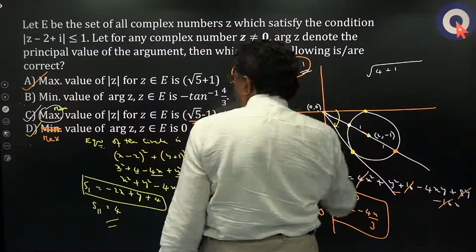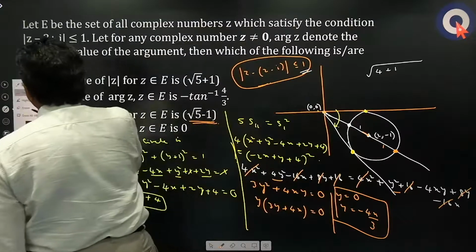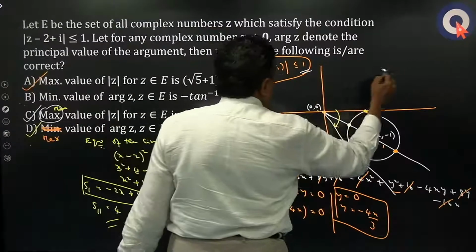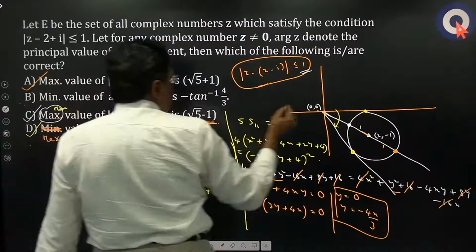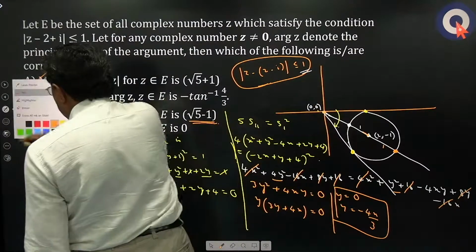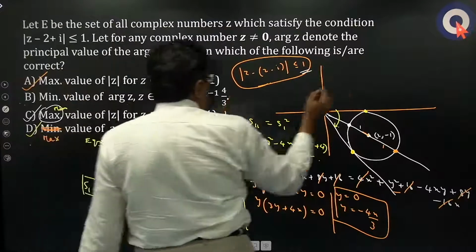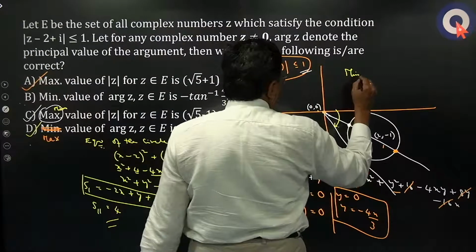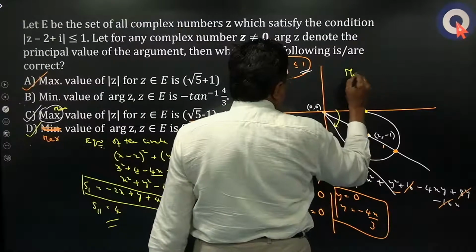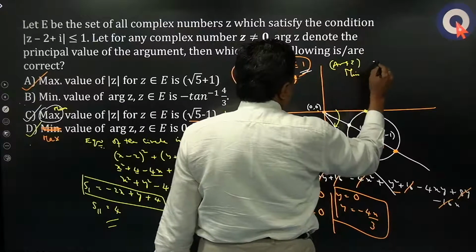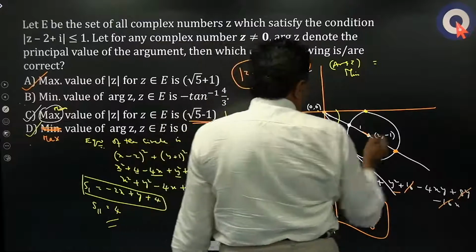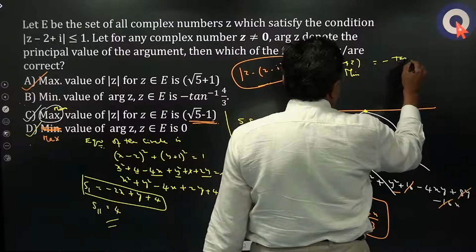So arg Z minimum value of arg Z minimum will be minus tan inverse 4 by 3, right?